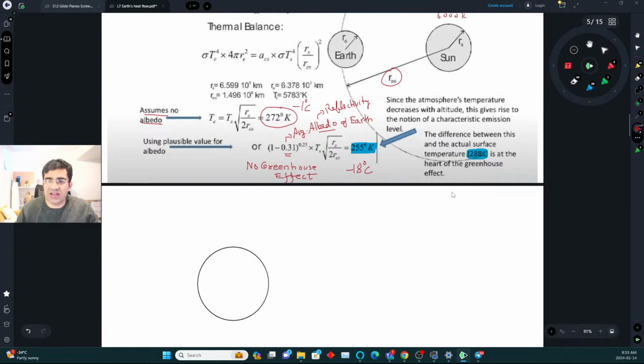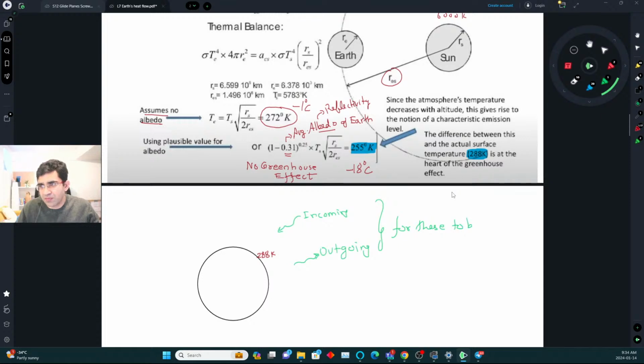Now incoming radiation and outgoing radiation: for these to balance, what temperature do we need?